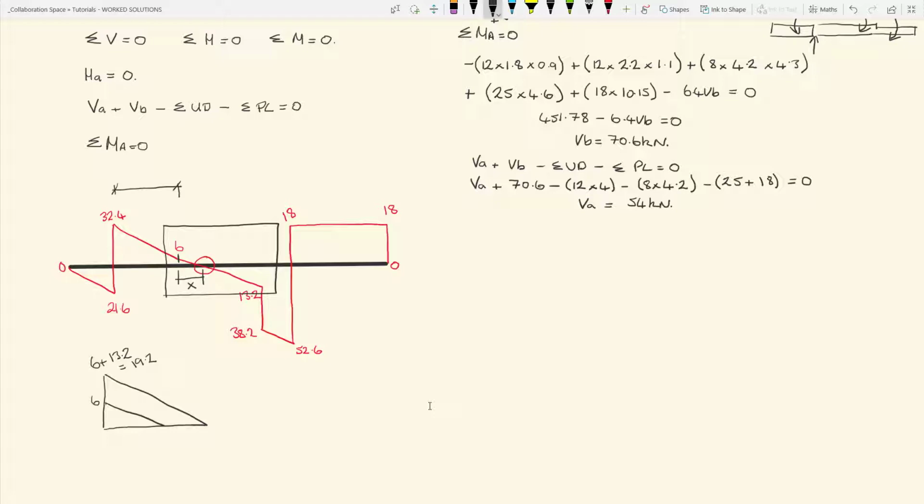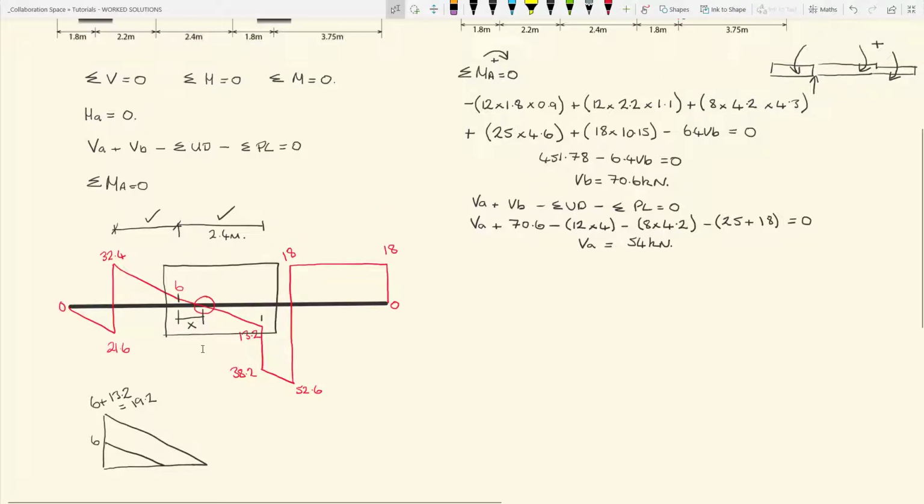So we know that point. We're trying to calculate x. We also know where 13.2 kilonewtons is, because that is the end of the UD load. So that distance is a known, and that one there is 2.4 meters. If you have a look back at the diagram, you'll see that.